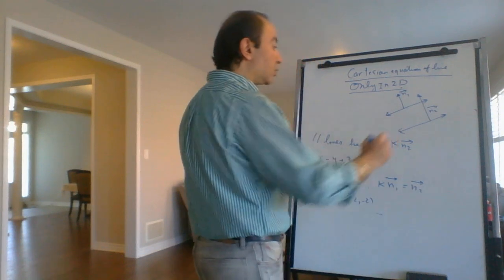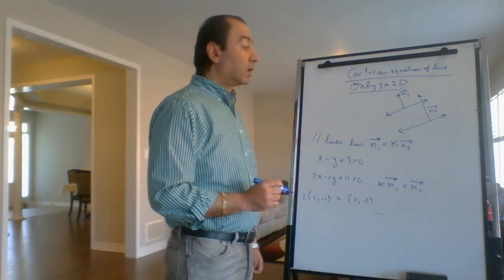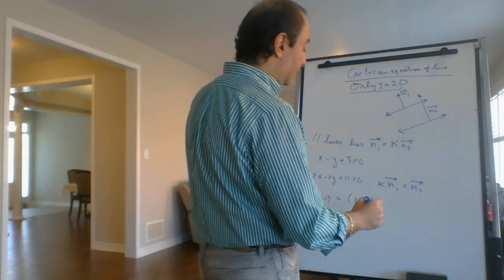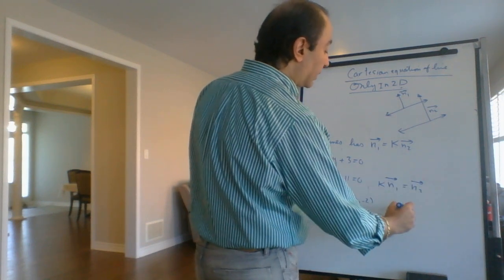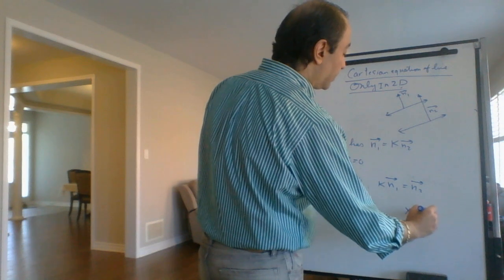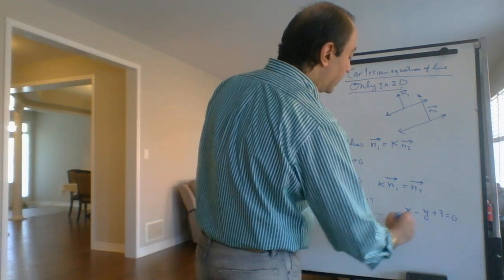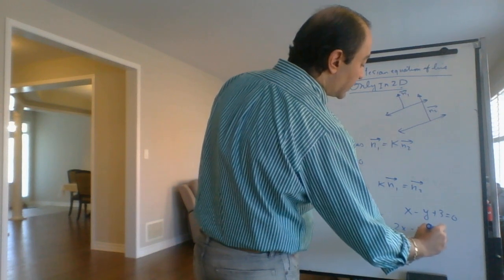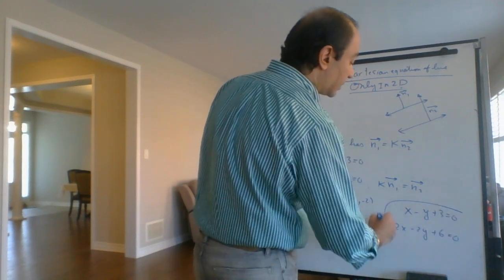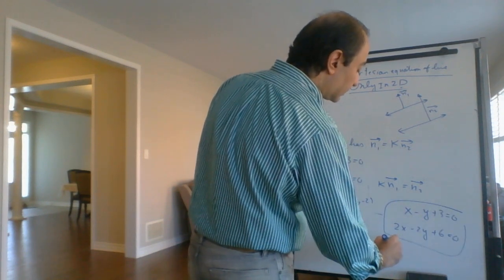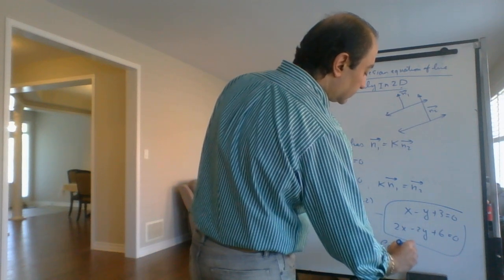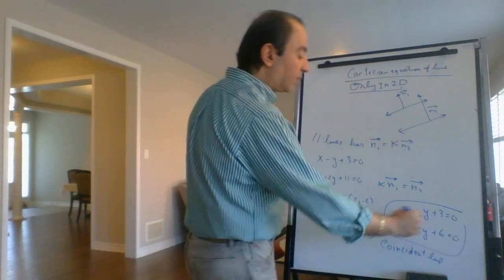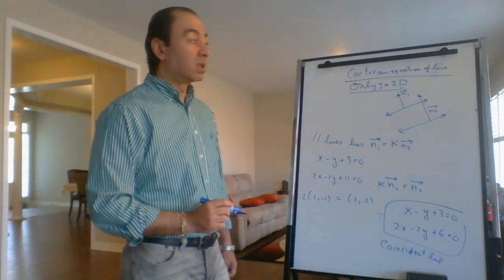That means those two lines are parallel. What if the whole equation is multiplied by a number? Like I have x minus y plus 3 equals 0, and the other one is 2x minus 2y plus 6 equals 0. In this case, these are coincident lines, the same line, because simply I can divide by 2 and get the same equation.